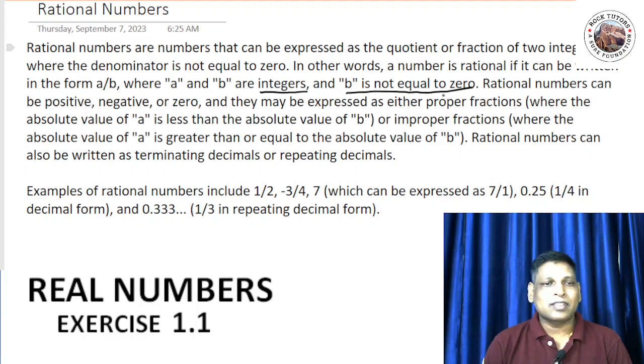Rational numbers can be positive, negative or 0. And they may be expressed as proper fractions. You know proper fraction means the numerator is less than the denominator, where the absolute value of a is less than the absolute value of b, or improper fractions where the absolute value of a is greater than or equal to the absolute value of b.